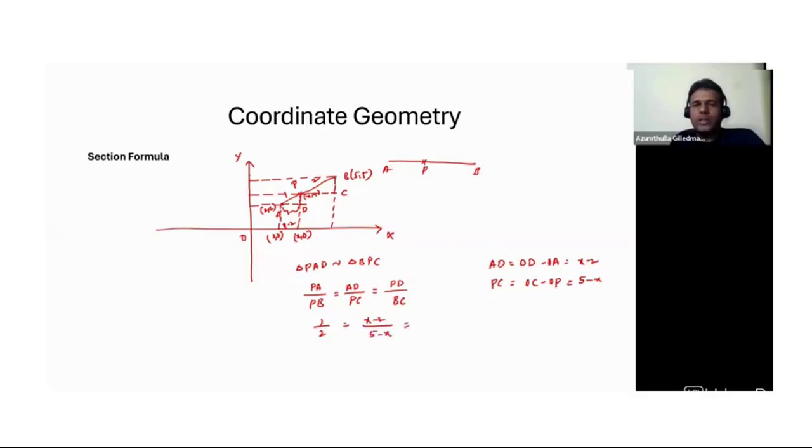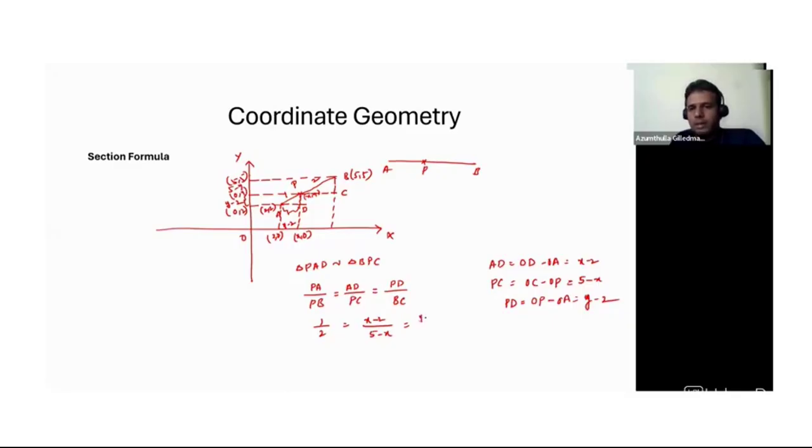That equals PD. This distance here: this is (0, 2), this is (0, y), and this is (5, 5). So can I say this is y minus 2? And this distance is 5 minus y. Similarly, PD equals OP minus OA, which is y minus 2.